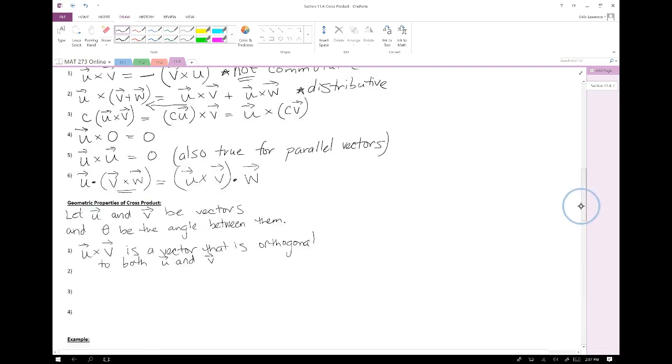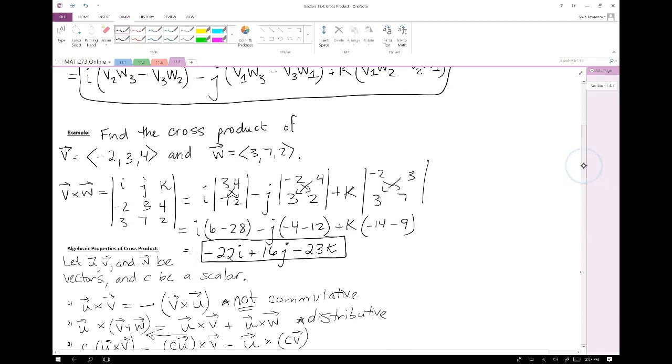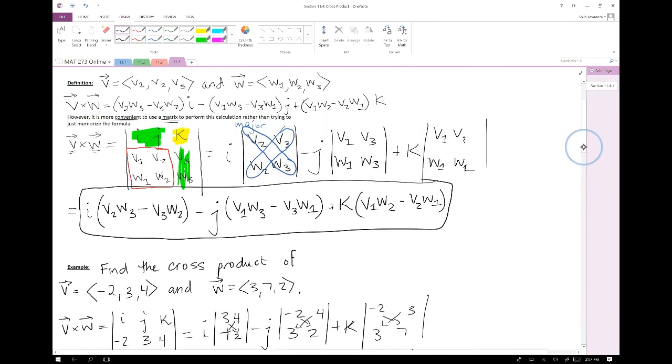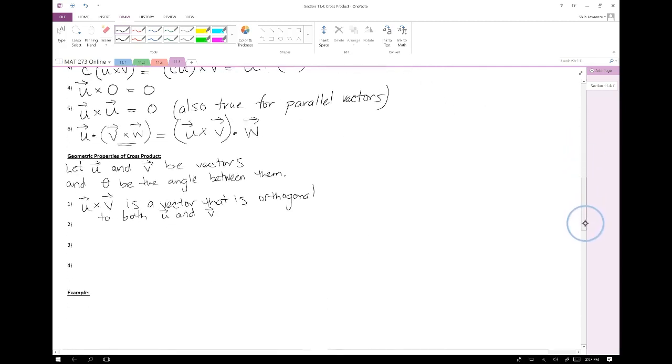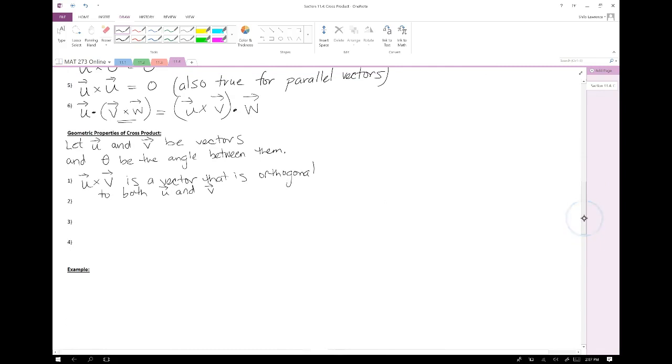The very first formula I gave you for cross product, you could think of as an algebraic formula. It involves just a whole bunch of algebra calculations, and it also requires that our vectors be in component form. There is a geometric formula for cross product as well, because in a lot of application problems, especially in physics, vectors are not always going to be given to you in component form.